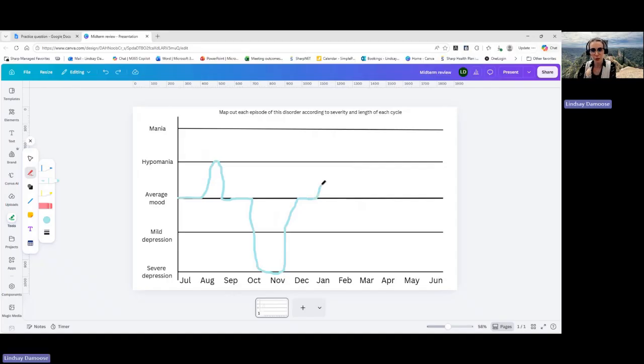She goes into a manic episode. Again, not drawn to scale. I'm not a good drawer at all, hence why this looks like the tip of somebody's finger. So she goes up to a manic episode for this particular week. Appropriate mood stabilizer is able to come back down to baseline.